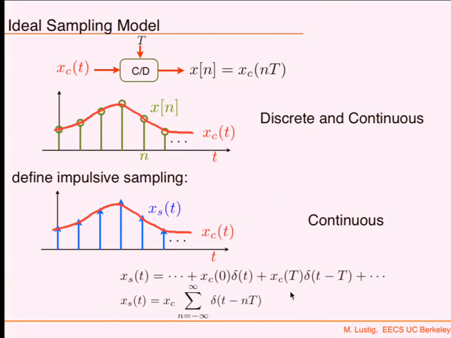You put in an impulse. Delta is like infinite value, but tiny. Okay. Think about that. All right. So x sub s of t is the multiplication of our function with this impulse train. You've seen this before, right? That's great.